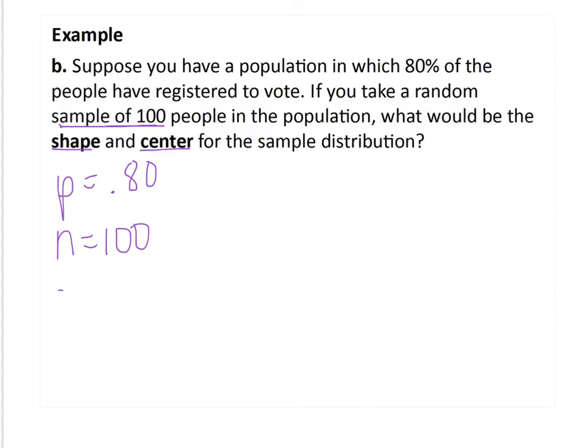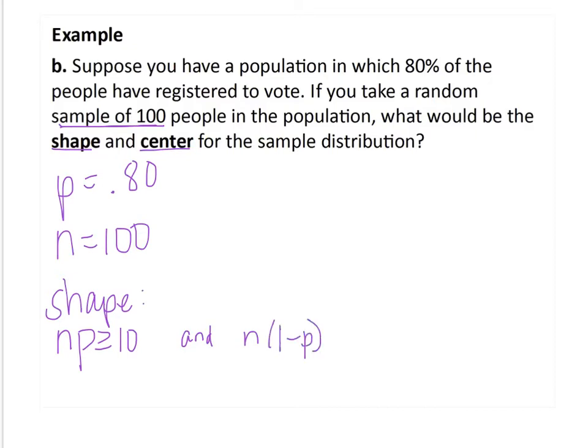Well, the shape, we said in order for it to be normal, N times P must be greater than or equal to 10, and N times 1 minus P has to be greater than or equal to 10 in order for this to be normal.